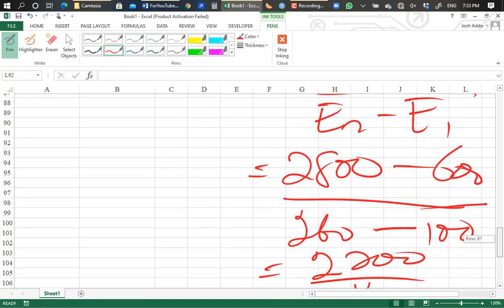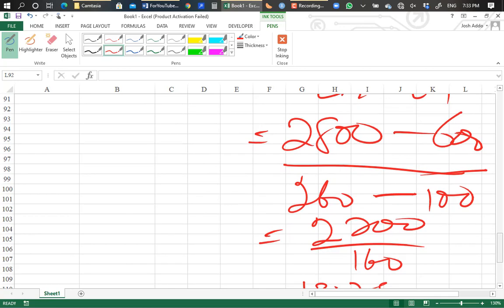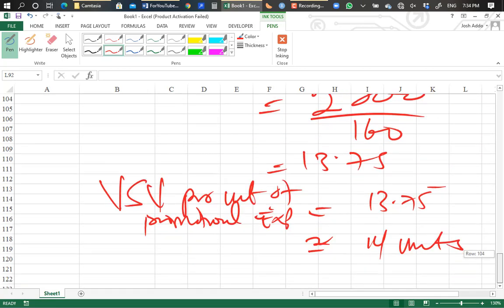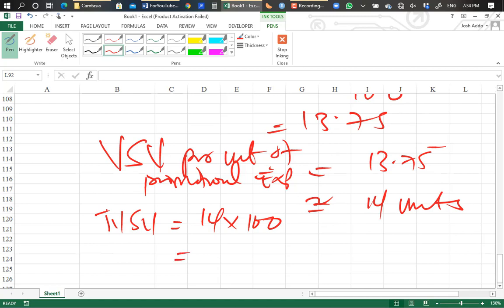If I choose E1, E1 is 100 Ghana cedis. So it means that our total variable sales volume will be equal to variable sales volume per unit of expenditure, 14, times the total expenditure, 100, which will give us 1,400.